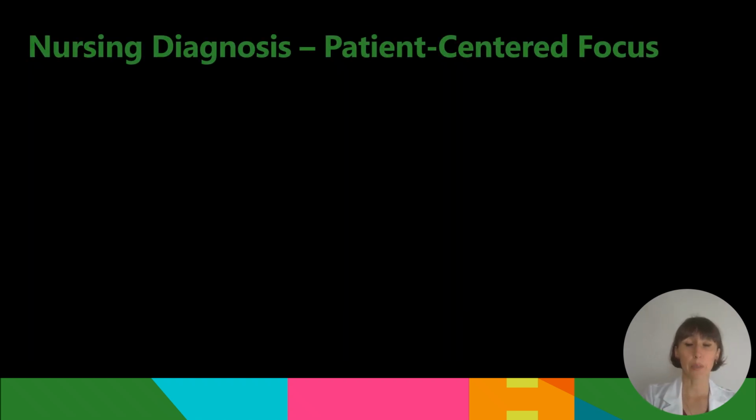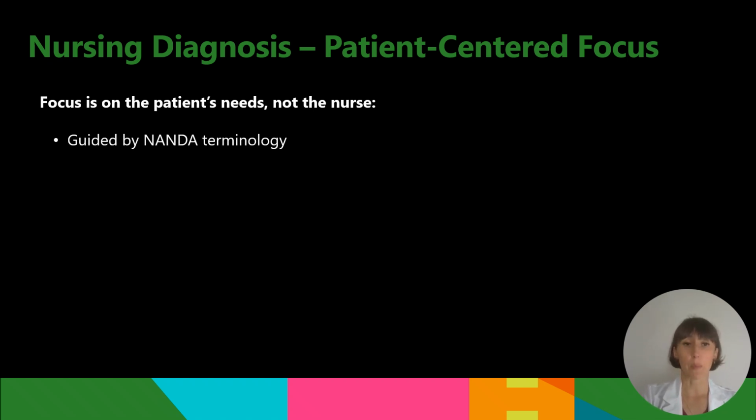The second step in the nursing process is nursing diagnosis. And again, you might see in some texts it is called nursing conclusions. Here's where we identify problems related to medications. For example, knowledge deficit related to new antihypertensive prescription. That's a nursing diagnosis.